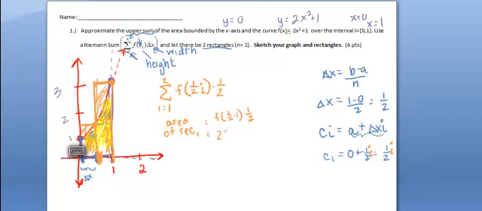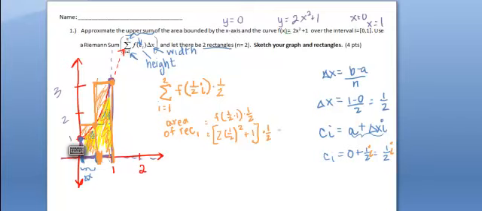We have 2 times 1/2 squared plus 1. That was me plugging this 1/2 into my function. And then times the width, there's the width of the rectangle.